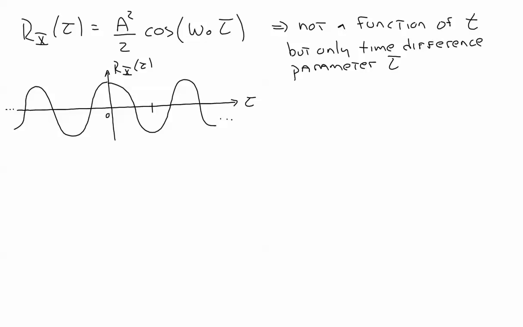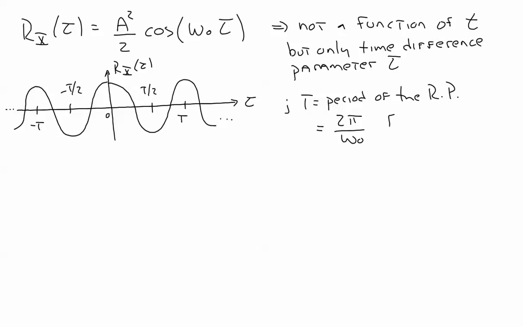This is capital T over 2. This is T. This is minus T over 2. This is minus T. T is the period. It's the period of the random process, and it equals 2 pi over omega naught seconds.